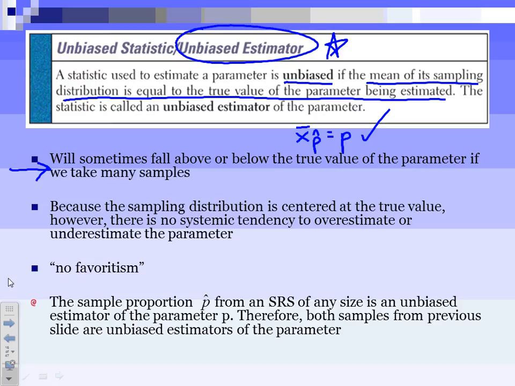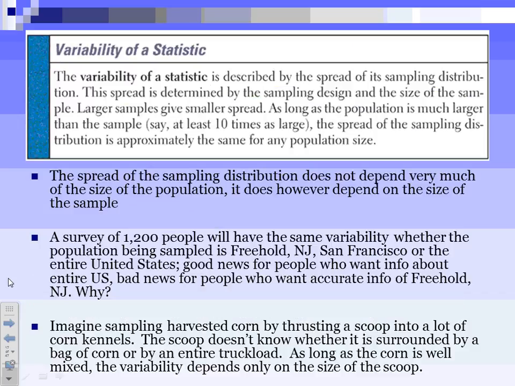But if we were to put them all together and look at the sampling distribution, then it's going to be centered at that value. There's no favoritism, right? It's not leaning towards the lower side or the higher side. It is going to be systematically centered around that true value. Okay? So unbiased estimator, another key vocabulary word for this video.